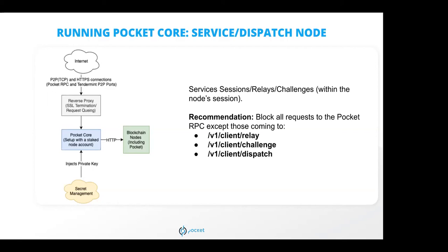The connections that happen through that port are bound via configuration, which I'm going to explain in the scalability section. So here you have your reverse proxy, which you can use to do SSL termination and request queuing, and that reverse proxy will connect to the Pocket Core process.